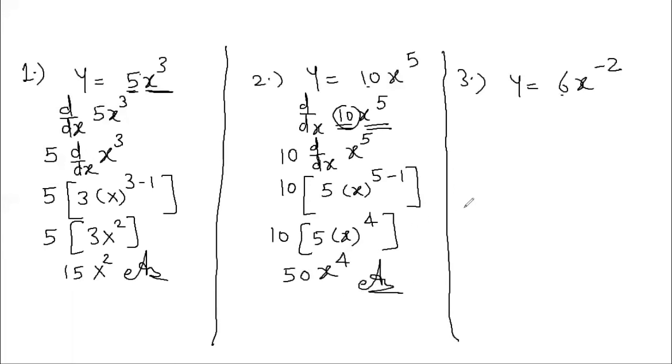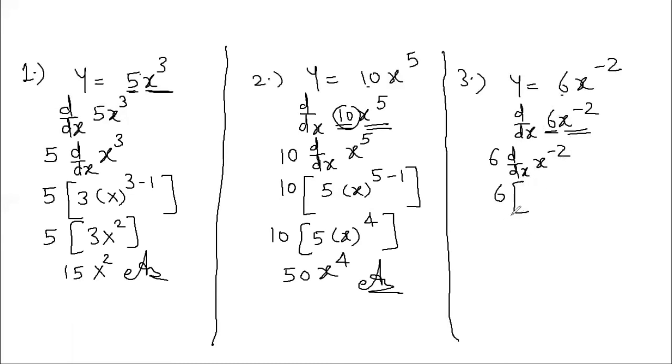Simple. Let's do the third one. Y is equal to 6x to the power negative 2. So that is with the negative power. Don't worry. Differentiation of 6x to the power negative 2 is how much? You can see that is the constant, that is a variable. As you know, you have to take the constant outside. So 6, differentiation of x to the power negative 2. Is that okay? So 6, what is the differentiation of x to the power negative 2?